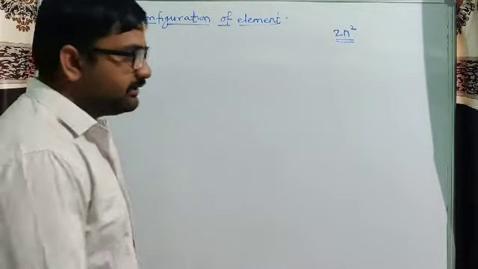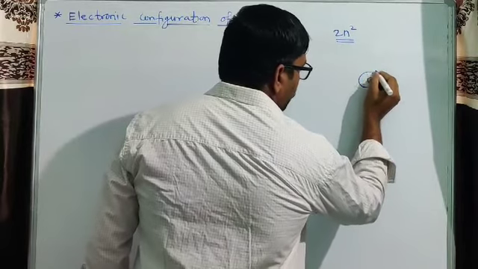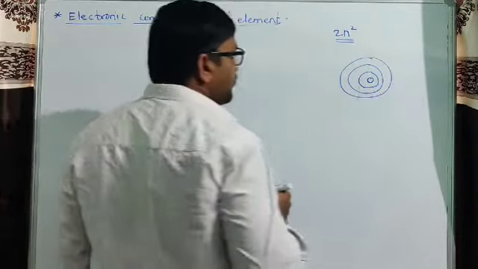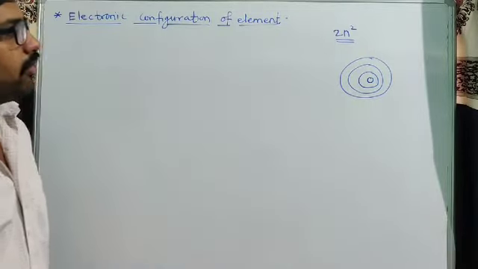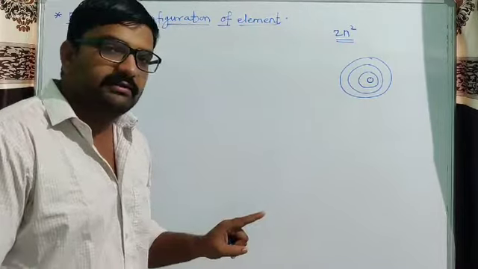There we see the structure of the atom. This is the nucleus, this is the first shell, this is the second shell, this is the third shell. According to this model of the atom, at the center the nucleus is there.